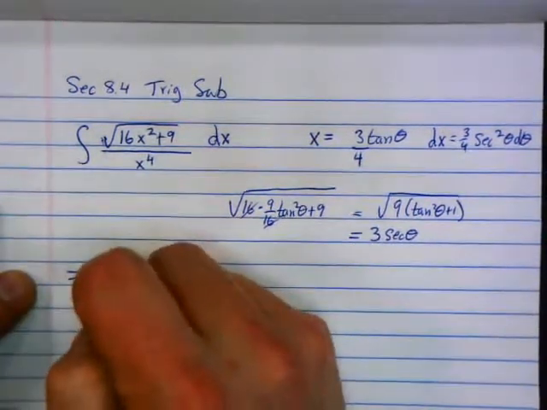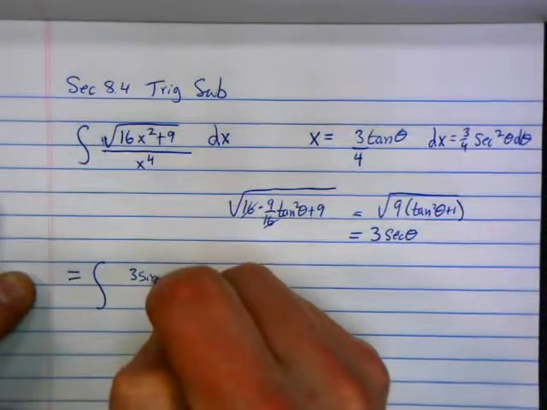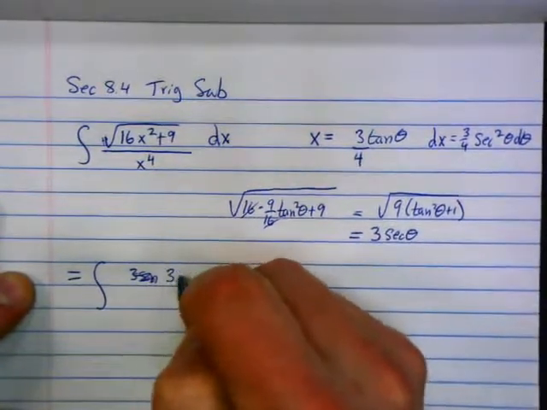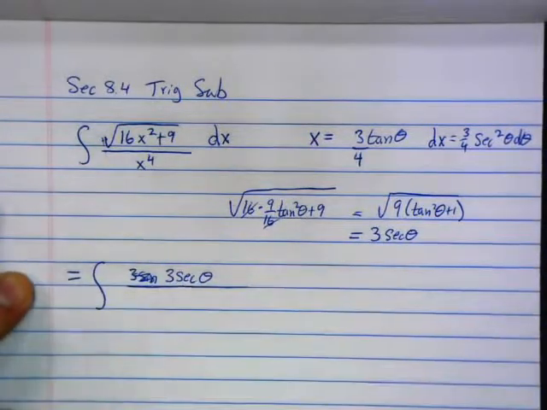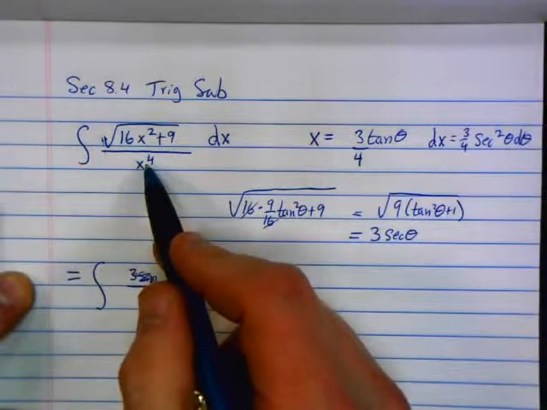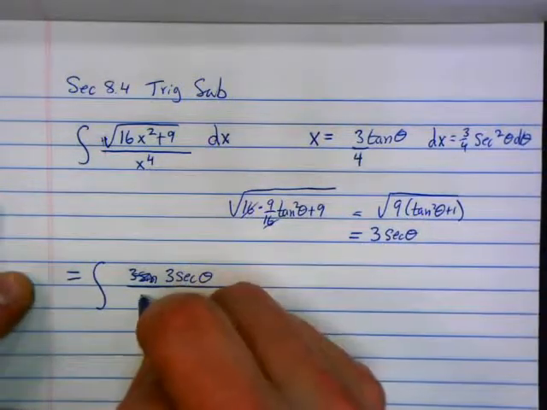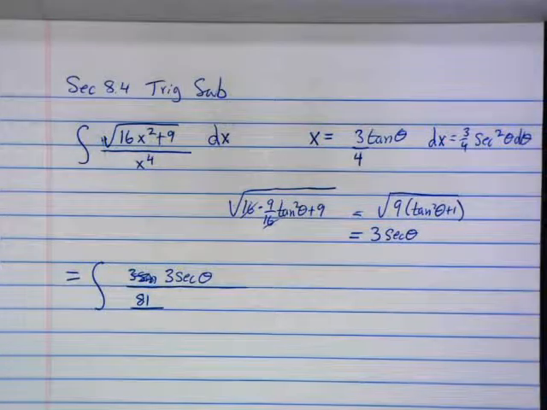the integral of 3 secant theta. I said secant and I wrote sine. Divided by, down on bottom, I have to take 3/4 to the 4th. 3 to the 4th is 81, and 4 to the 4th is 256.